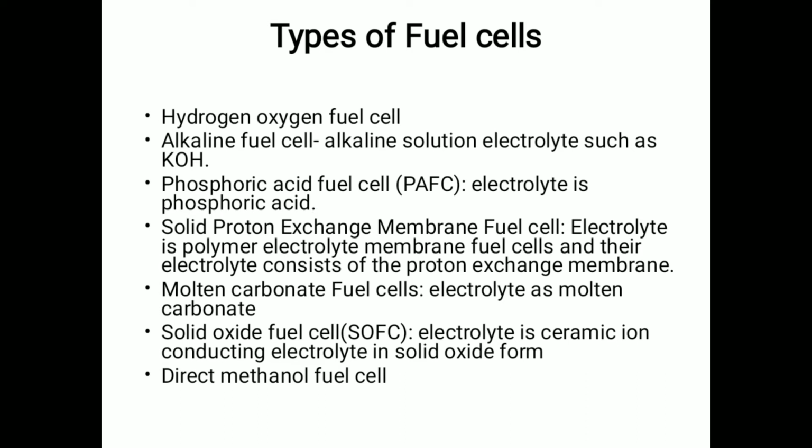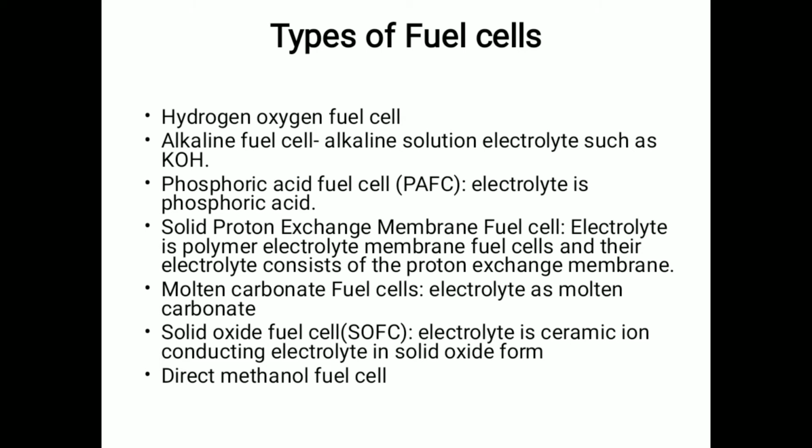Then we have the solid proton exchange membrane fuel cell, a polymer electrolyte membrane fuel cell, whose electrolyte consists of a proton exchange membrane. So the type of fuel cell depends upon the type of electrolyte that we are using.